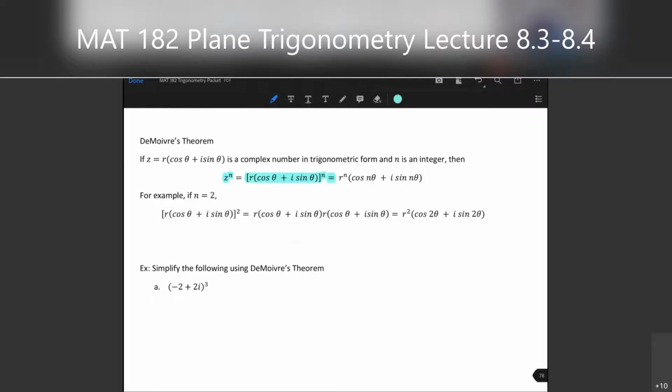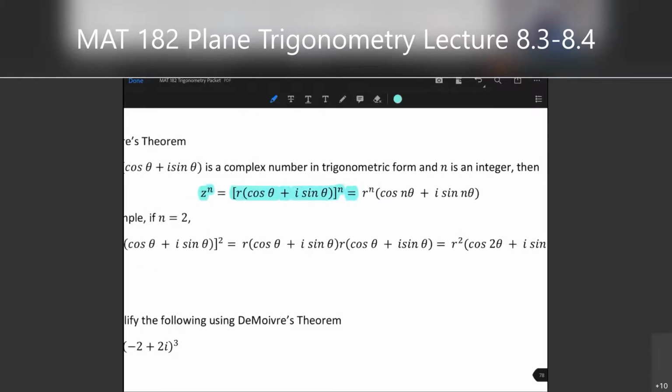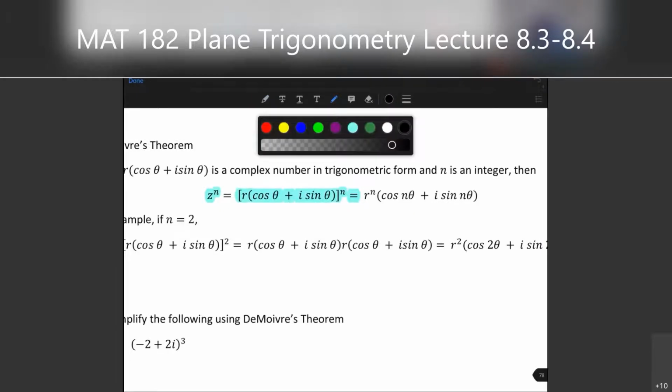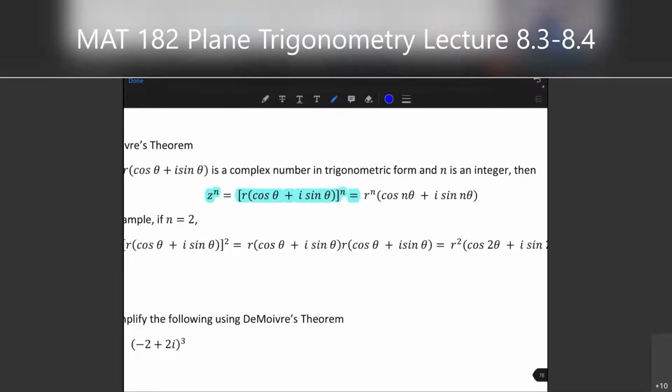So we can take a look at what these operations are going to look like inside. We are going to take our modulus and we're just going to raise it to that power, so r to the n. And we're going to actually multiply our argument by the power.